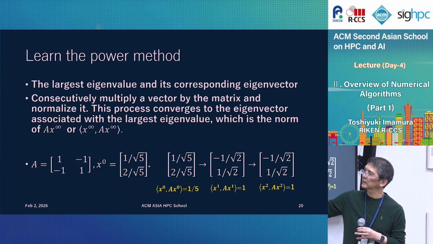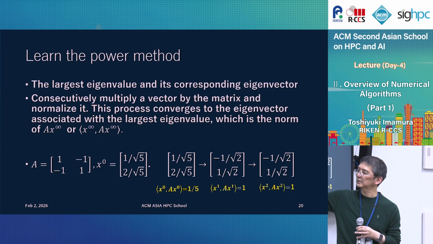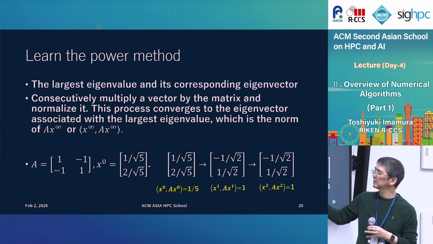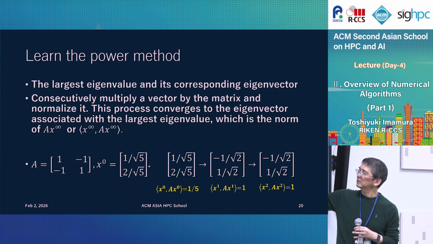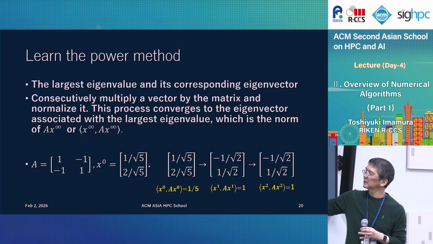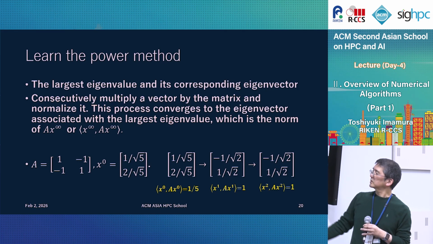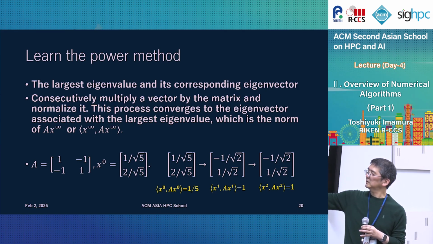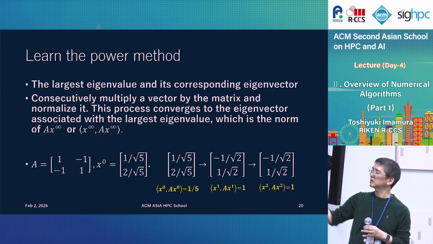So this is x0, and we multiply A from the left-hand side, and normalize its norm like this, and this is x1, with minus 1 over the square root of 2. This is also x1, and we again multiply A from the left-hand side to x1, but we obtain the same vector, so x1 and x2 are the same.